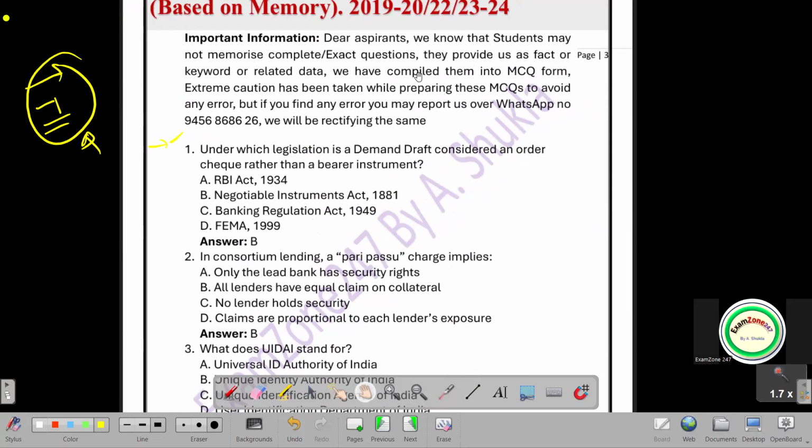Option B. See, under which legislation is a demand draft considered an order cheque rather than a bearer instrument? Can anyone tell?